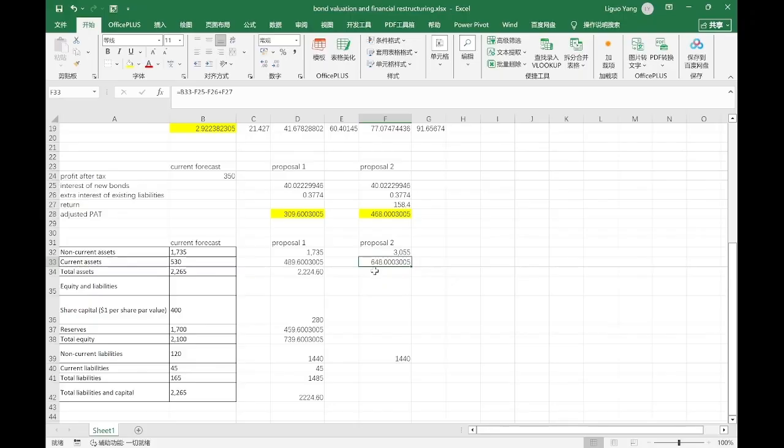Okay. Total assets. The share capitals, no difference. Reserves, because there's a net increase of profit after tax, so the reserves will increase by this amount.